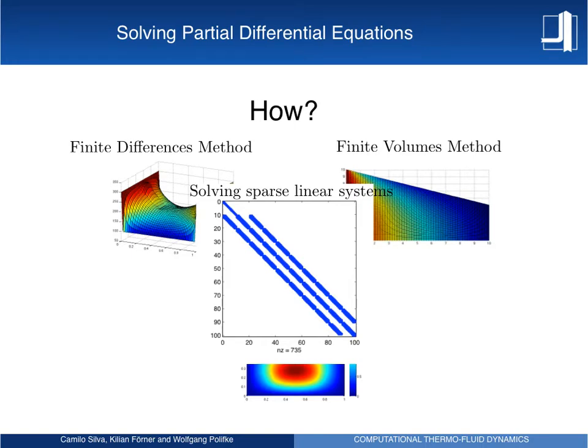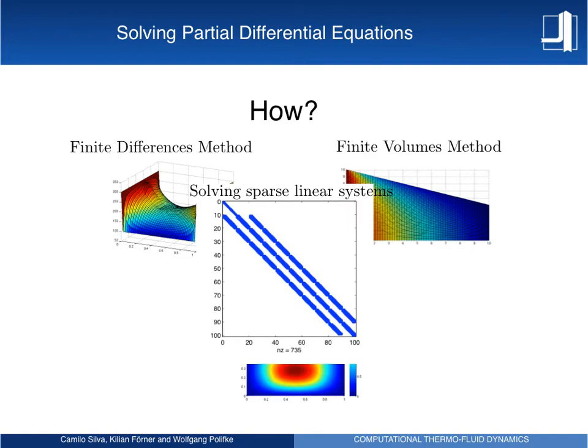For example, if you look at one row, you will see, here I have 1, 2, 3, 4, 5, 6, maybe 7 nodes that are blue, which are actually non-zero entries, which means that these nodes are related. And you may assume that this can be a discretization of a second order derivative.